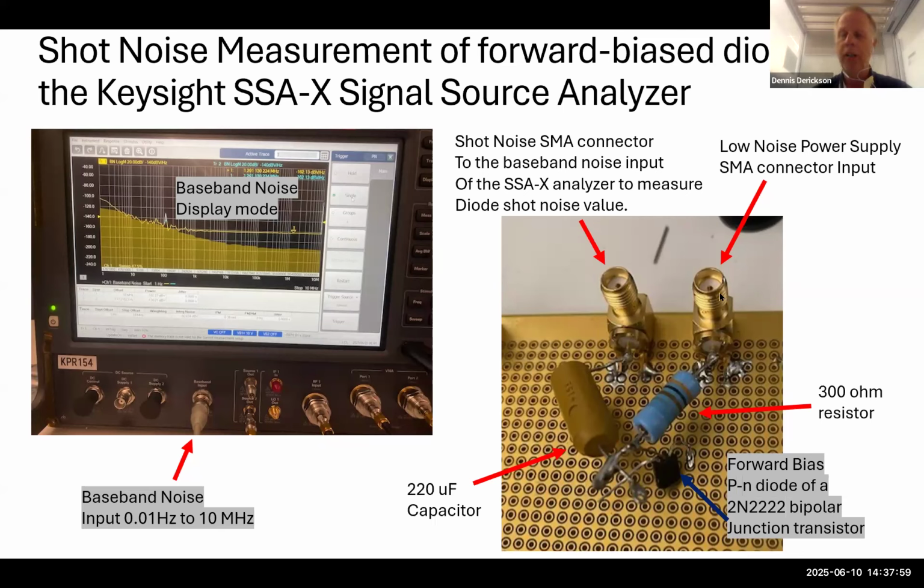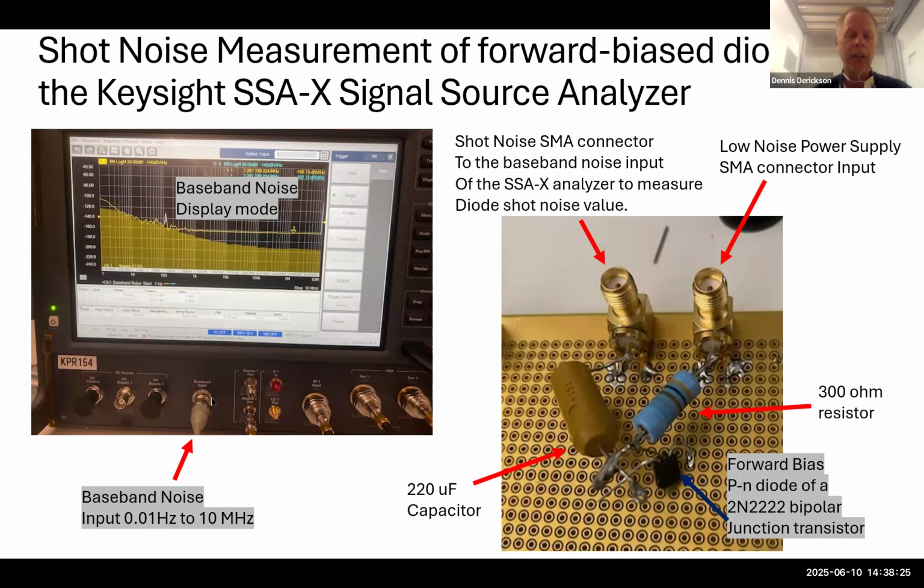So this circuit right here has a couple SMA connectors on it. This SMA connector is connected through a resistor to a 2N2222 BJT on the base emitter junction right here. And we also have an AC coupling of the noise from that forward biased PN junction diode to another SMA connector.